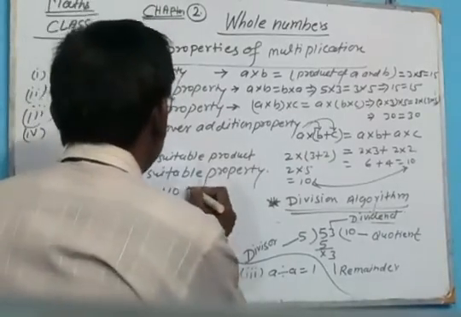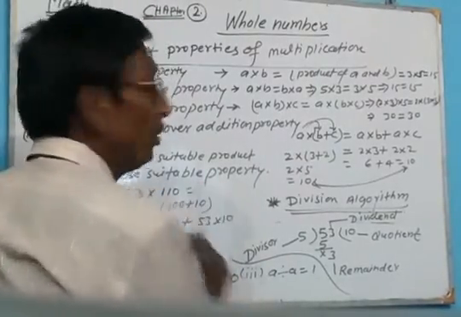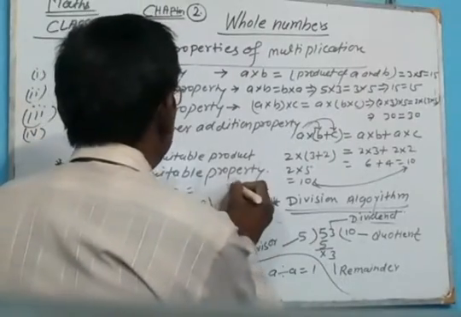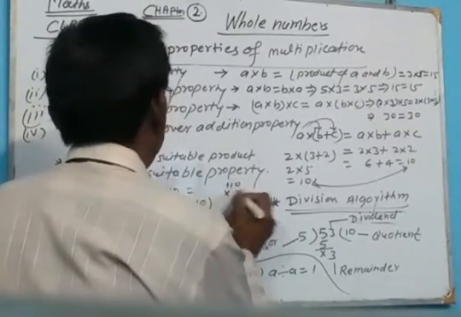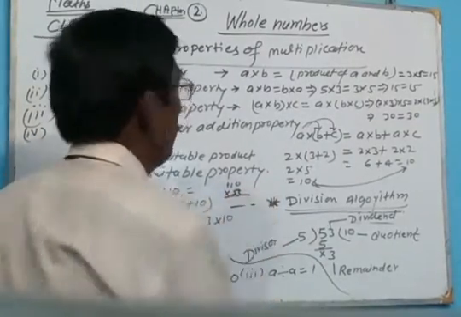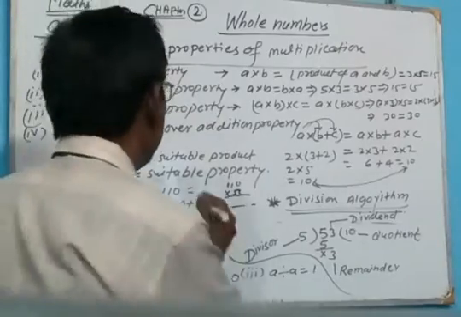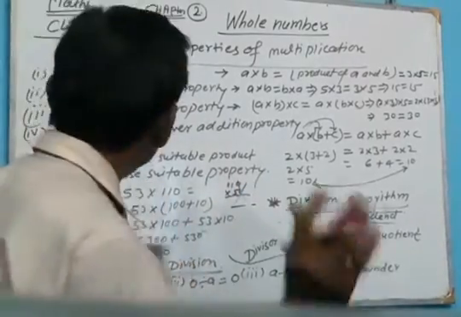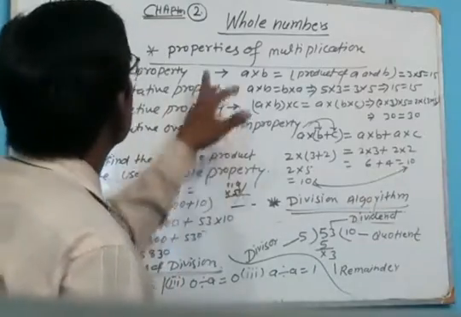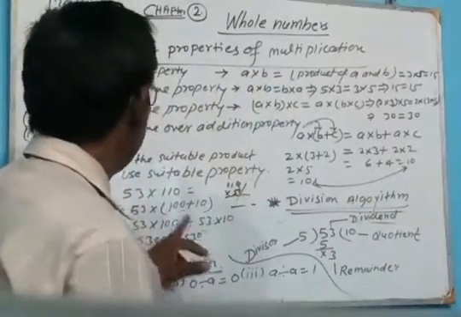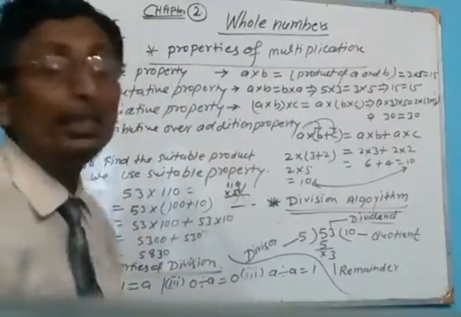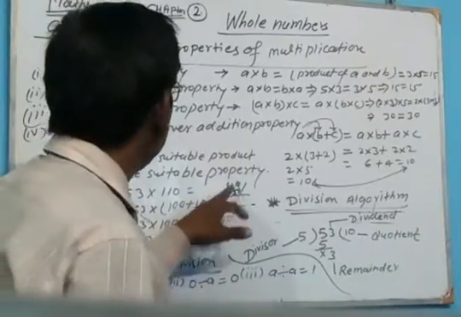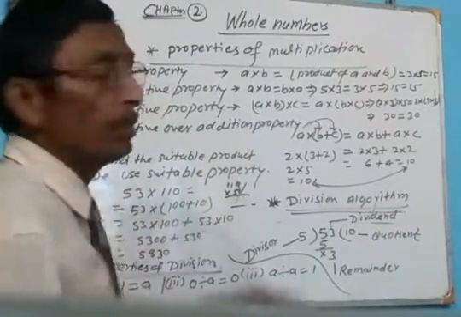We could get the result directly by multiplying 110 by 53. But here we do not use this simple method. We use the property of multiplication here, and we easily get the product.